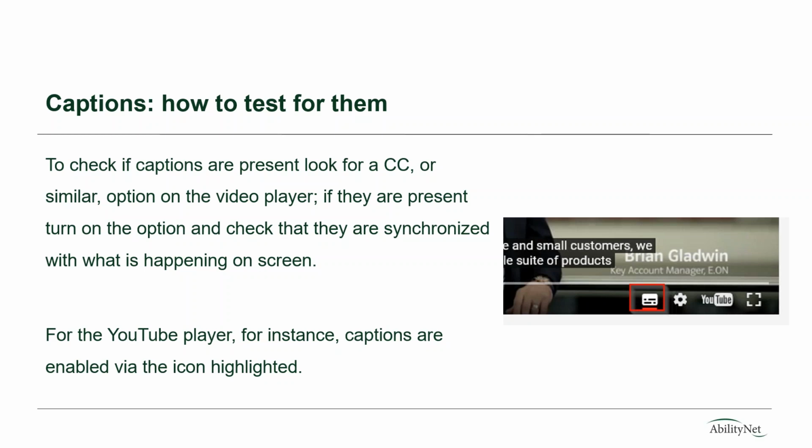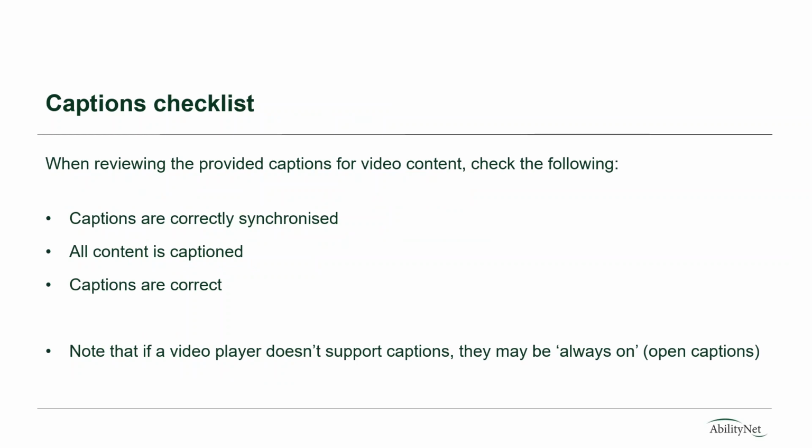So how do you evaluate it then? First of all, you find video content and then you enable captions if there is a button. And what you're looking for is that the captions are actually properly synchronized with the on-screen action. So when somebody's speaking, the actual caption that describes what they're saying appears at the right time. You're looking that all of the content is captioned.